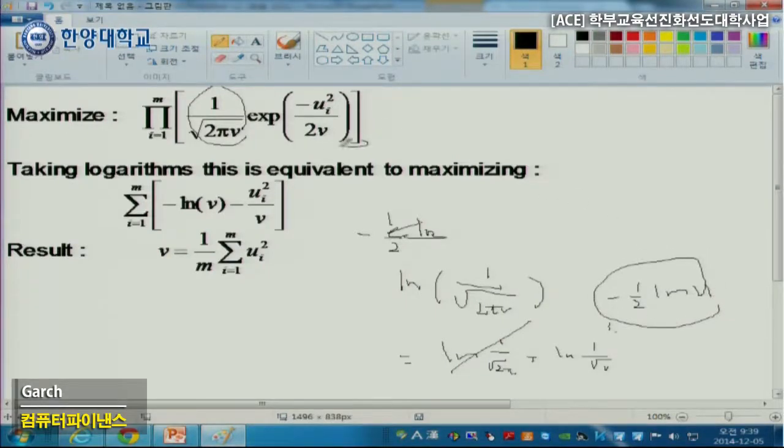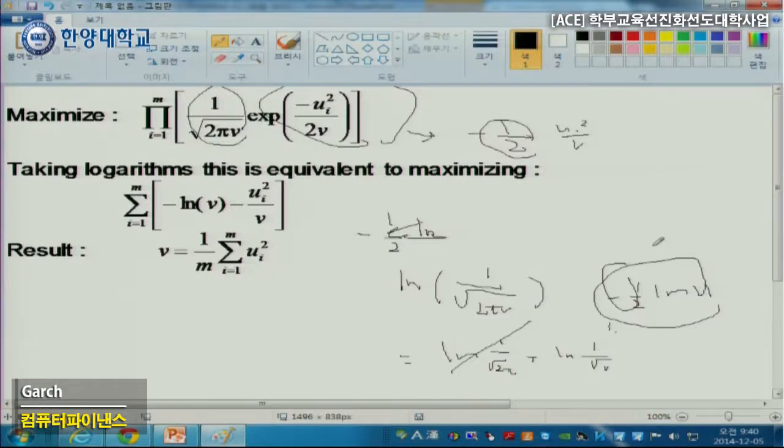And then about this one, if we take log, then it is simply y square over v, but then it is 1/2, and we can simply multiply 2, and then it is still the same. We can multiply just a constant.